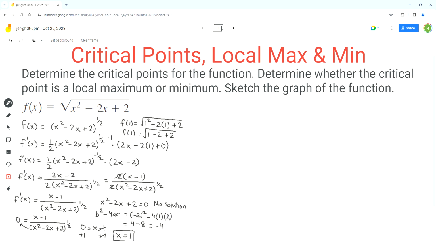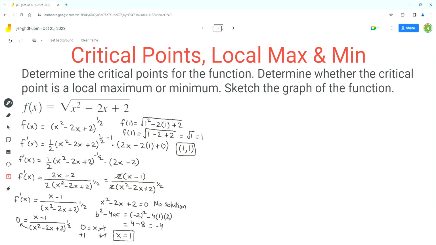They cancel each other out. So we end up with square root of 1, which is equal to 1. So that means the critical point for this function is 1, comma 1. So this function has only one critical point. So we are done with the first part.